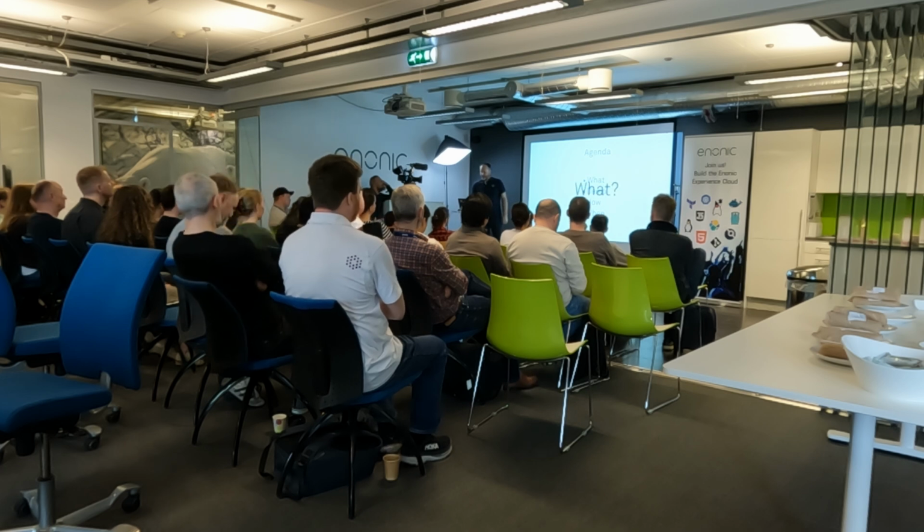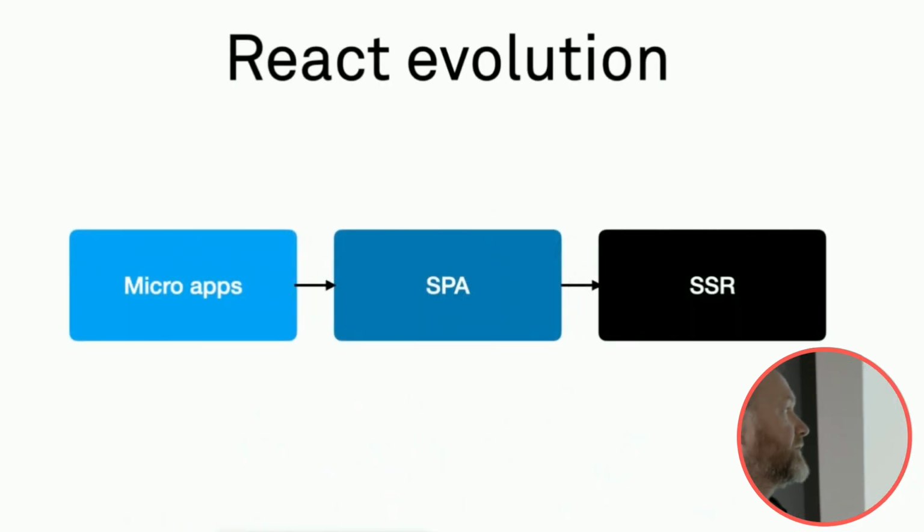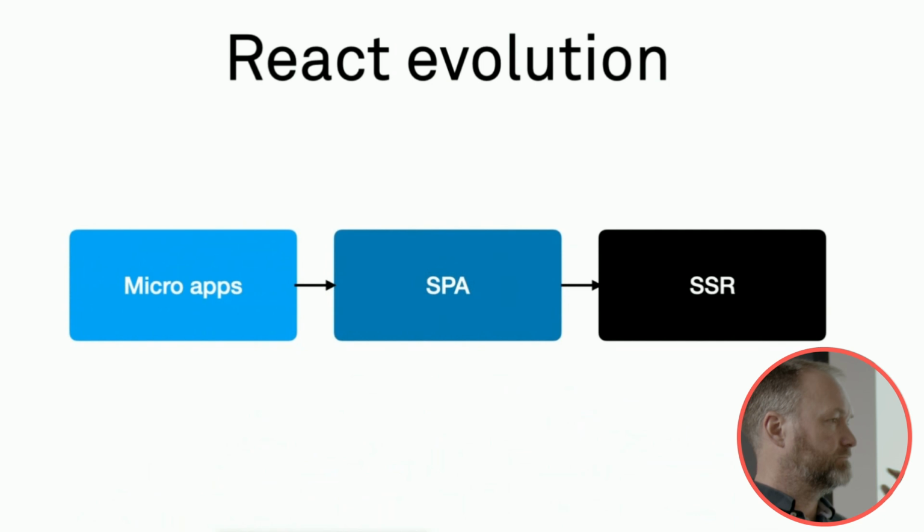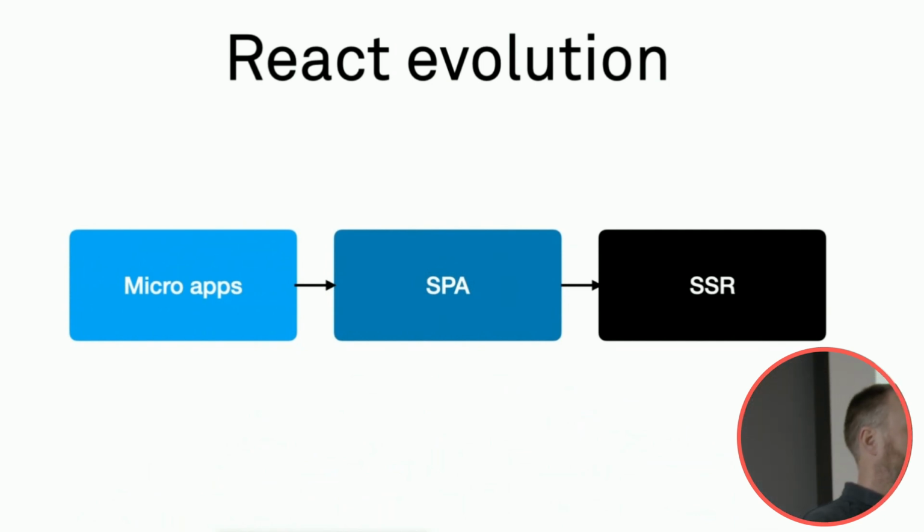So what? I'll start with that because what is React4XP? And to make that clear, I'll just briefly talk about the React evolution, so to say. It started way back where you could build micro apps, basically small parts of your web page.